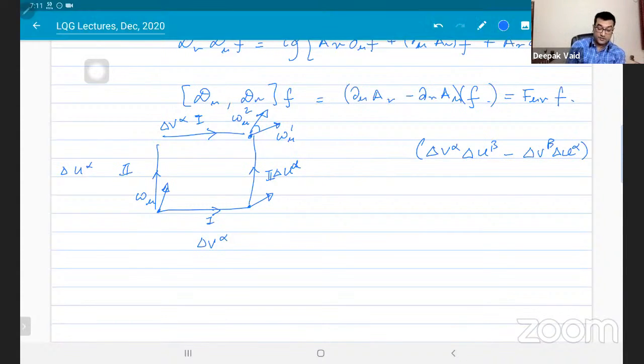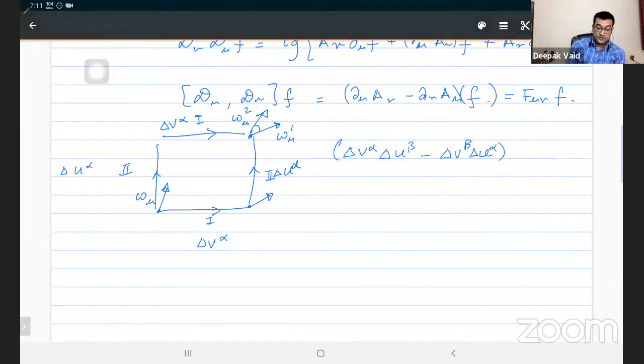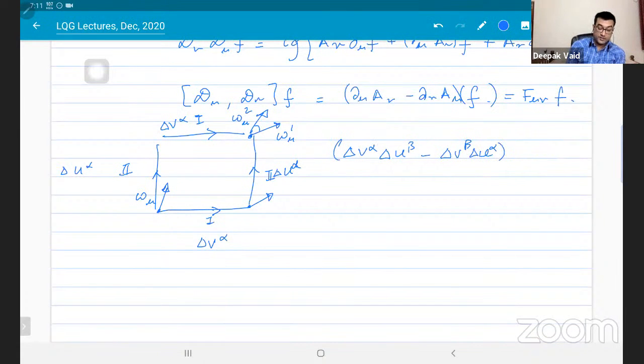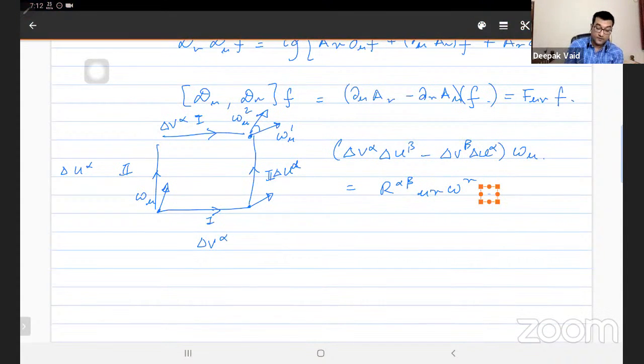Sorry. This whole thing acting on this omega, and this is related to our R alpha beta mu omega, something like that. Okay, I mean, indices we can all move up and down, it doesn't matter. So let's just write it like this.